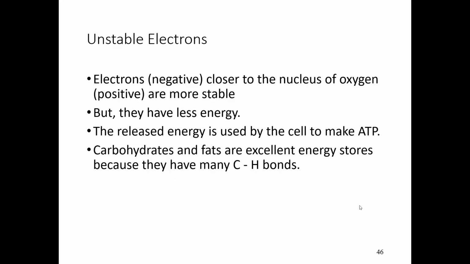It's a base and a 5-carbon sugar and a phosphate. But instead of one phosphate, it has 3 phosphates: ATP, adenosine triphosphate. Adenosine is the nitrogenous base. It has a 5-carbon sugar. It looks a lot like RNA, except that there are 3 phosphates on the end of it.